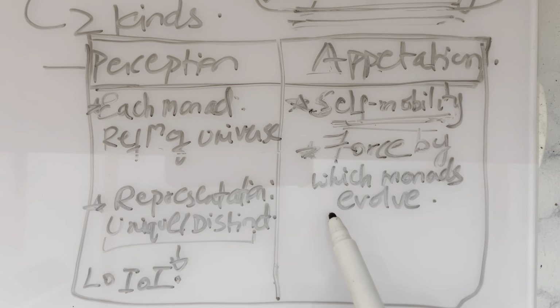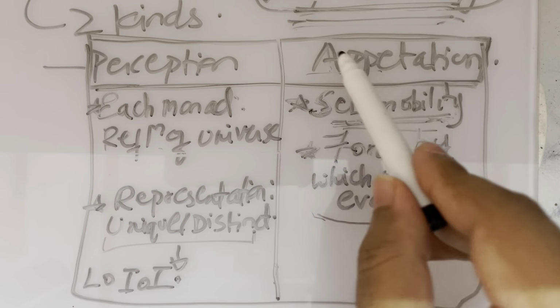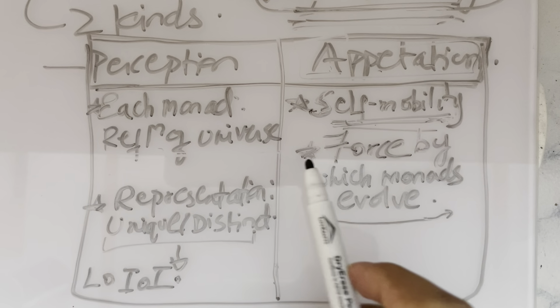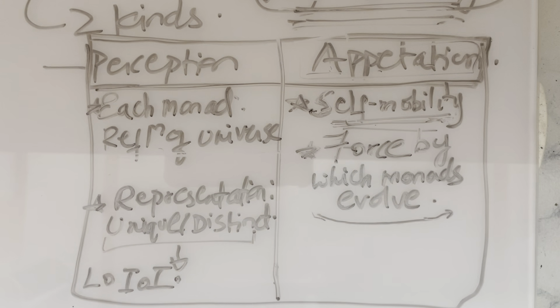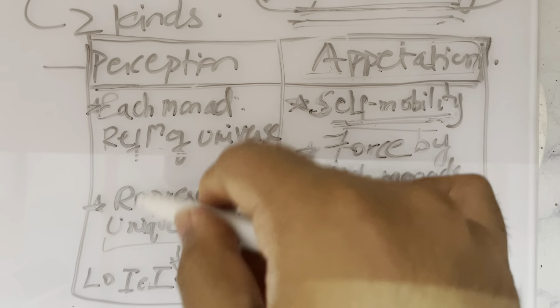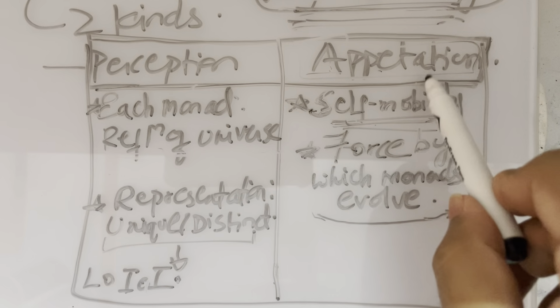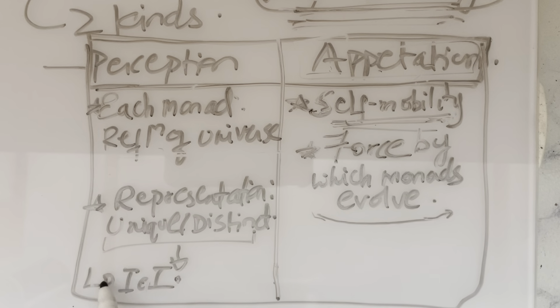So what perpetuates this motion? What is the catalyst, the driving force? That will be explored in the concept of appetition, where I will bring it out through an illustration. So these are the two basic activities. Now let us visually explore the concept of perception, the concept of appetition, and the law of identity of indiscernibles.